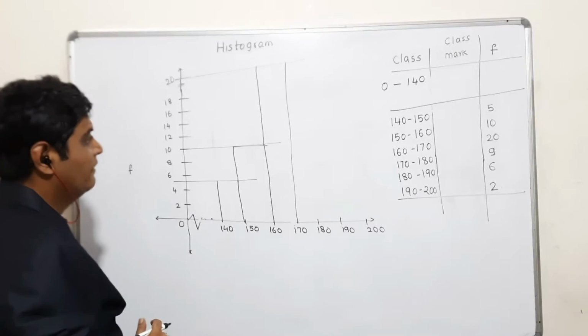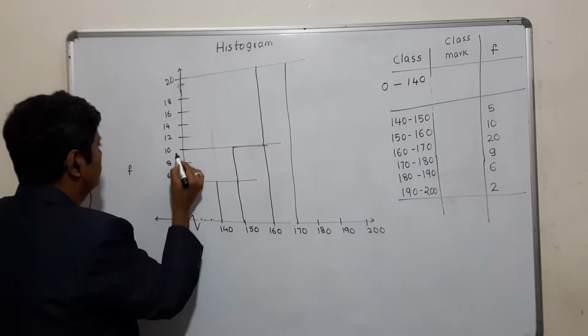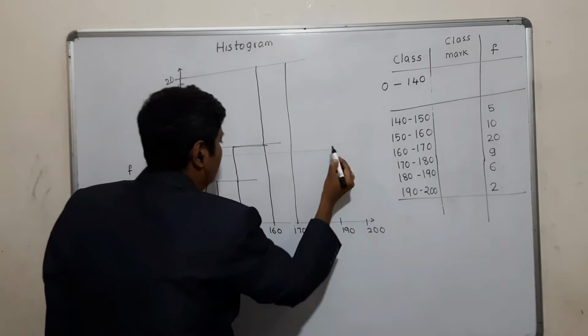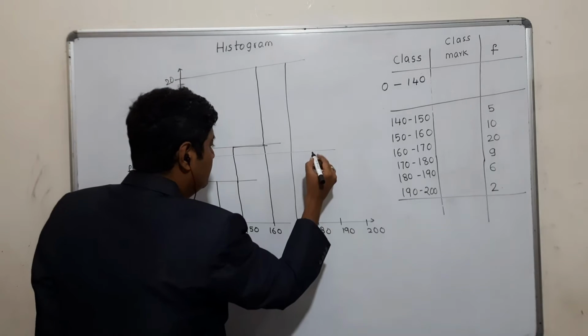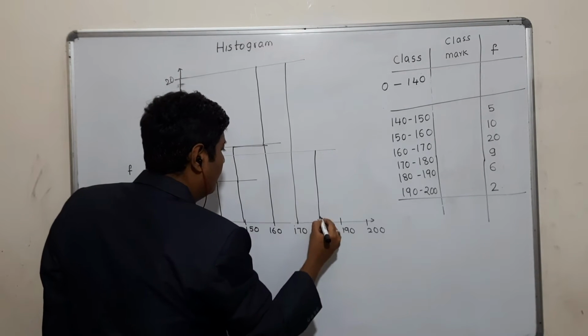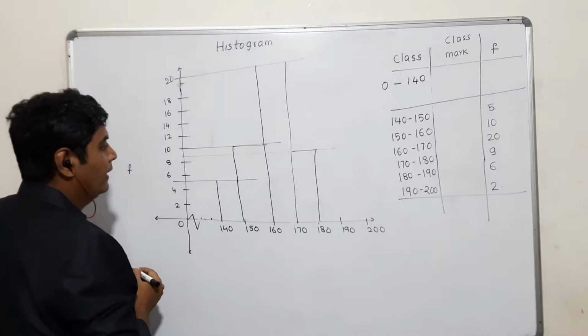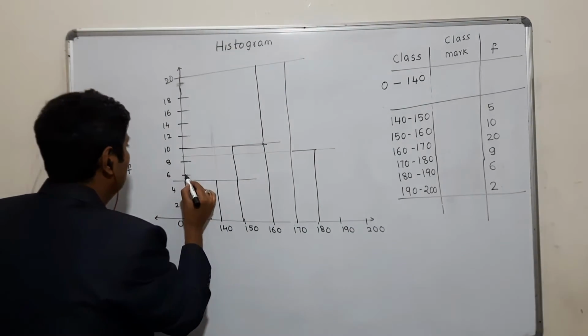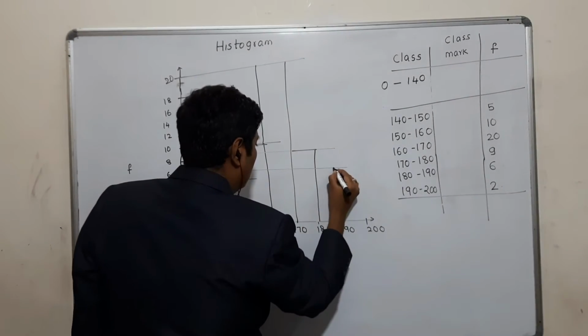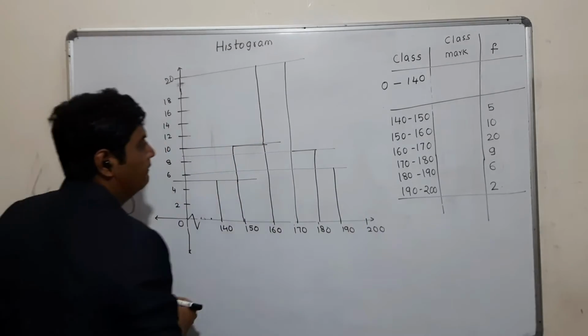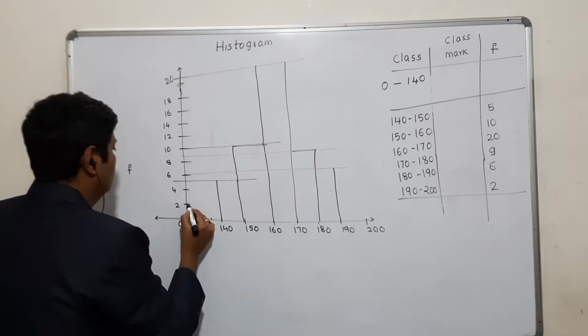Next is 170 to 180, which is 9. Then 180 to 190 is 6, and 190 to 200 is 2.